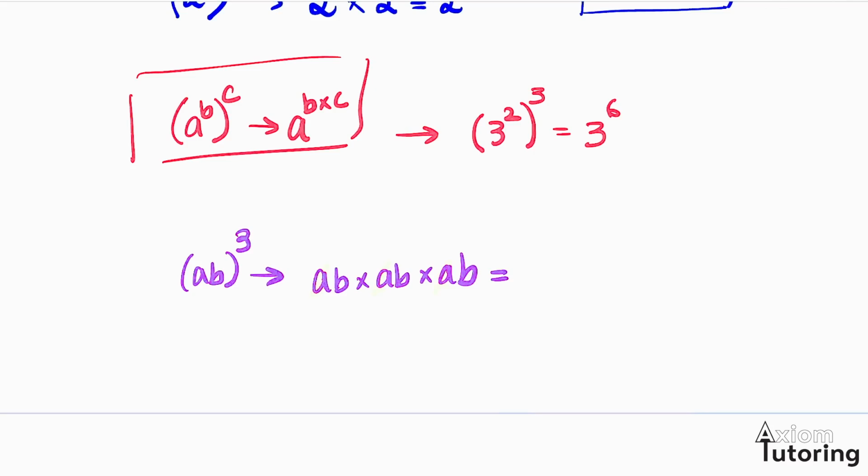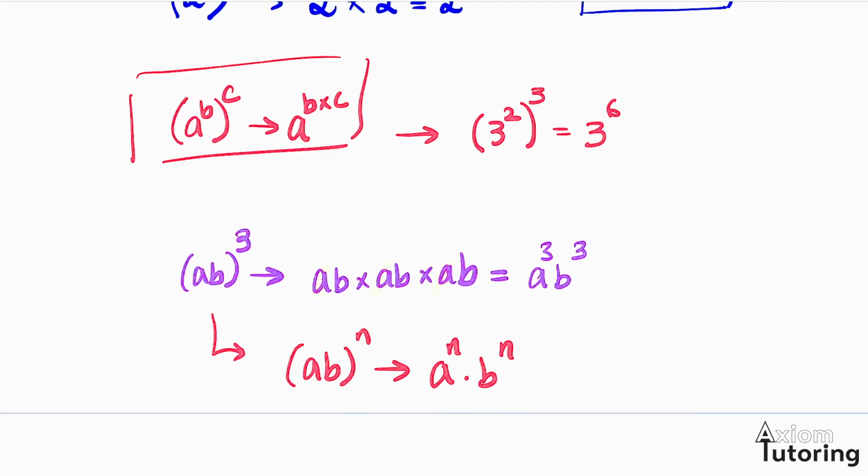So that part is A cubed. But we also have 3 B's, which makes it B cubed. From that, we can get the rule: AB to the n is A to the n times B to the n.